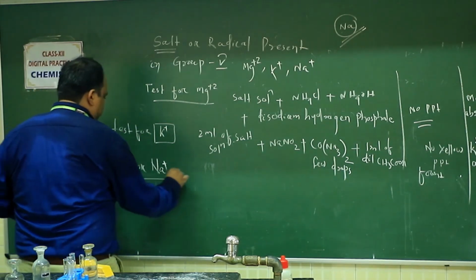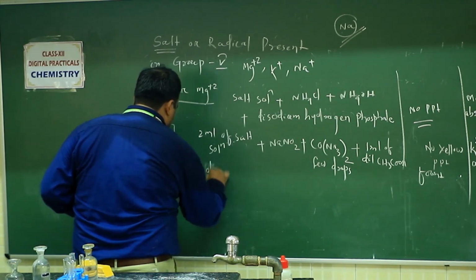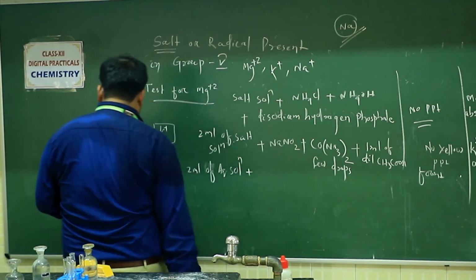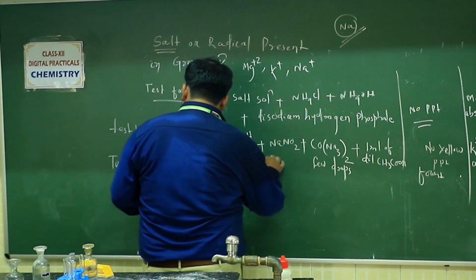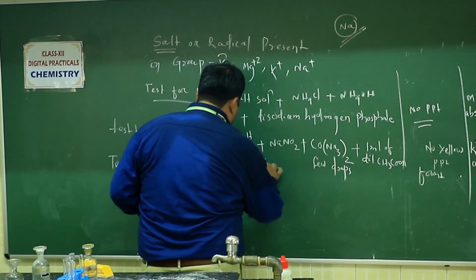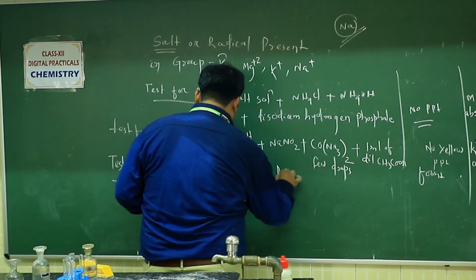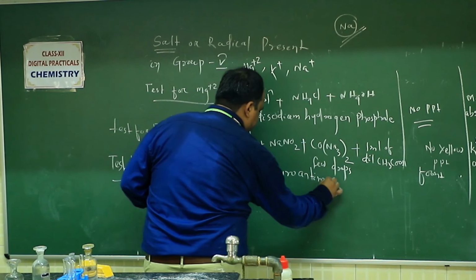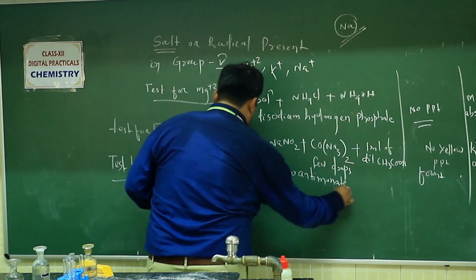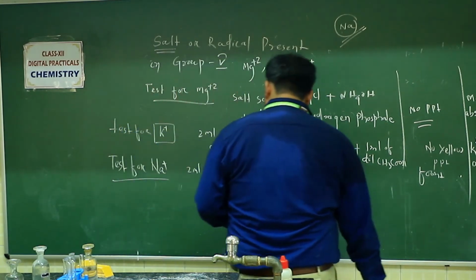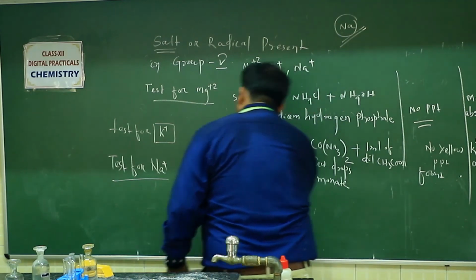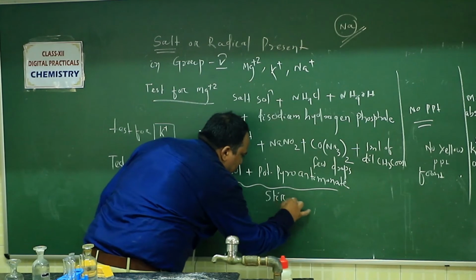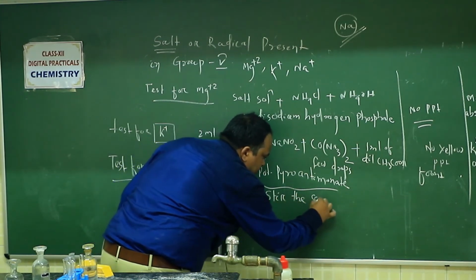Take 2 ml of aqueous solution. To this add potassium pyroantimonate. Then after adding this, stir the solution.